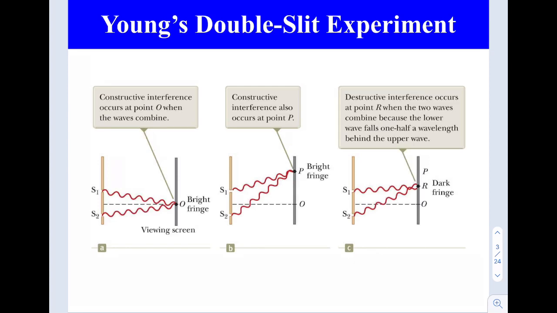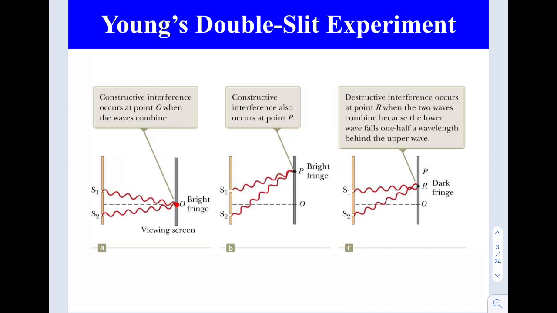Let's say waves leaving S1 and S2 meet at point O, the center of the viewing screen, whereby a crest of the wave from S1 meets a crest from S2. When crest meets crest, what will happen? Constructive interference occurs at point O when the waves combine.